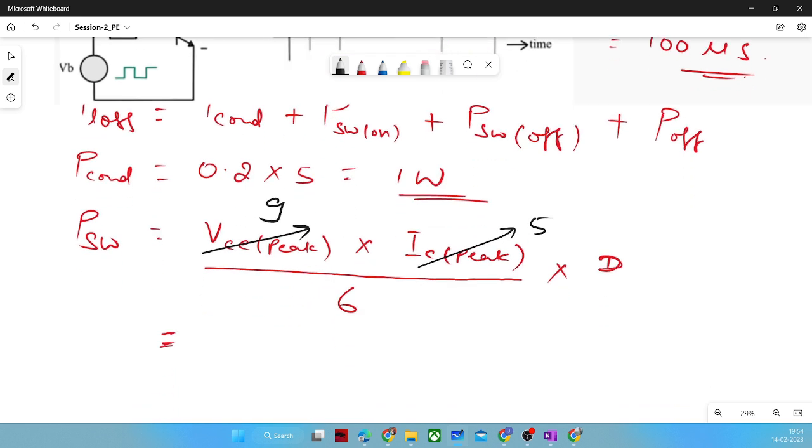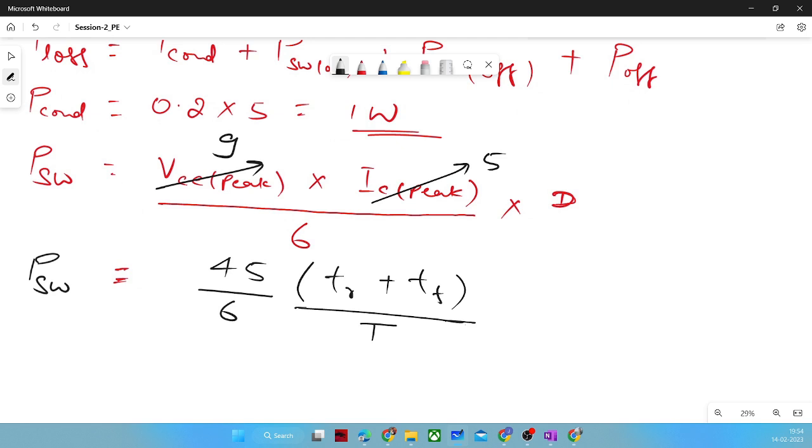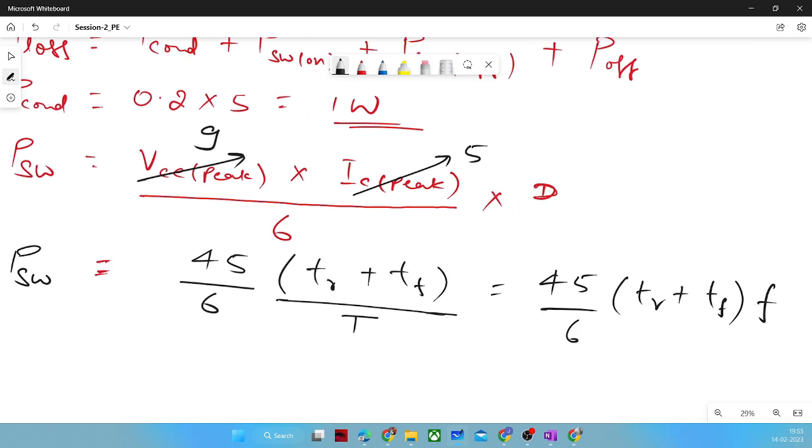So from this calculation we will get 9 into 5 is 45 by 6. Now we are taking both losses at once, turn on and turn off. So this rise time and fall time divided by total time period will be your duty ratio, right? And since it is given in terms of frequency, we can write it further as 45 by 6 into (TR plus TF) into switching frequency, right?